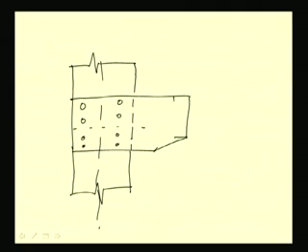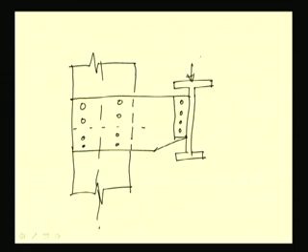This is another plate, and a gantry girder is carrying the load. This is P with an eccentricity of, say, 250 mm. So, eccentricity is 250 mm.